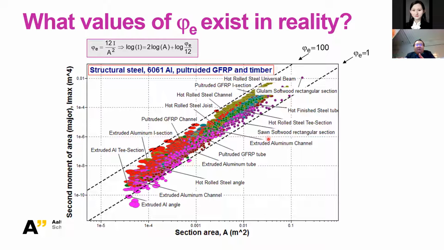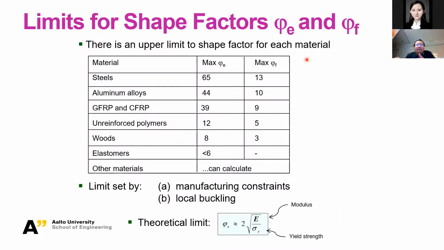Yeah, we said most of the shape factors are between 1 and 100. And so here is a list of some specific cases. For example, for steel, we usually have the elastic shape factor around 65, or the upper limit is 65.